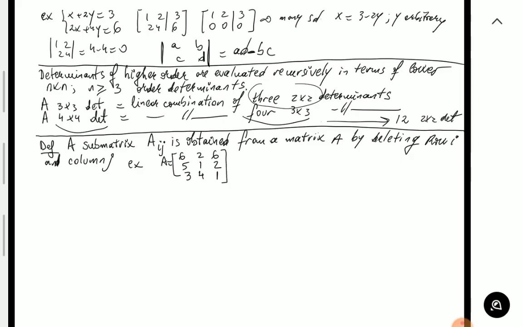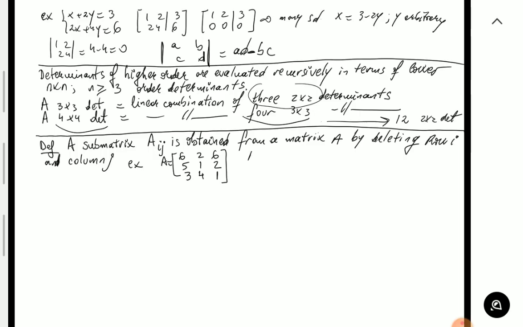Just for variety here, so I can see the entries clearly. If you're new to this, again, pause and try to follow without making too much of a mess in the notes here. Because when I say delete row i and column j, I want you to visualize me deleting this, because if I do this for every submatrix, I'm going to make a mess in the notes.